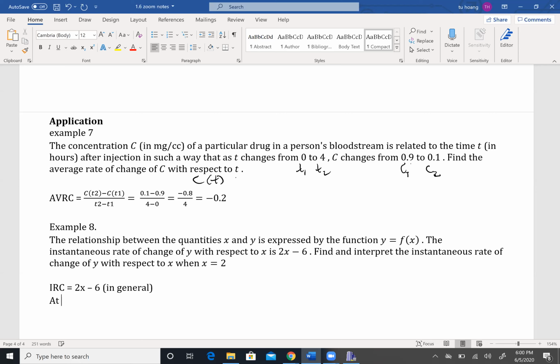And at x equal to 2, I will have the instantaneous rate of change will be equal to 2 times 2 minus 6, which equals 4 minus 6, going to be negative 2. So this should be the answer for the instantaneous rate of change of y. Okay.